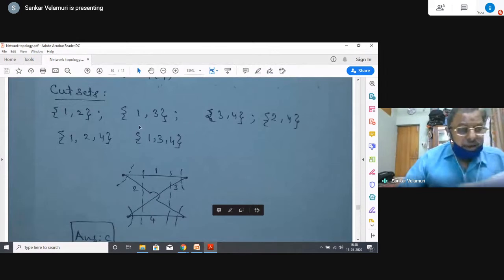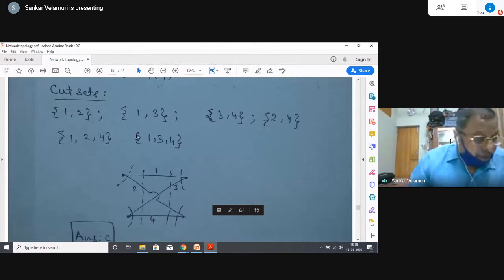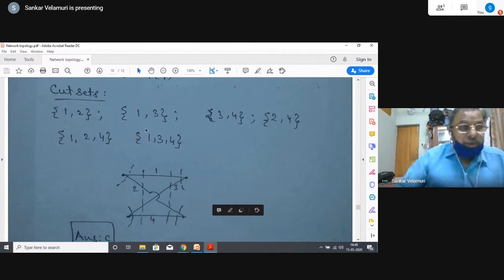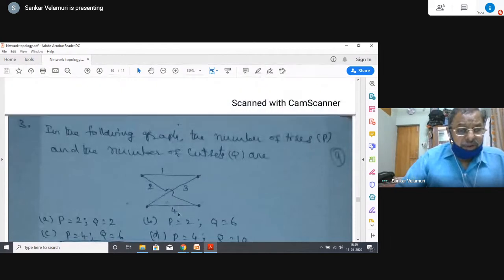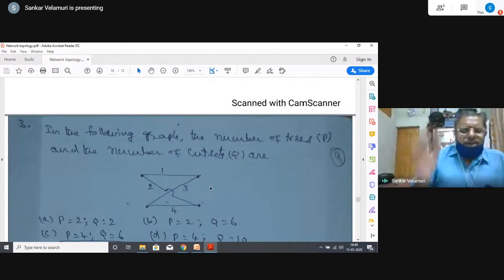Somebody else also asked how 124 and 134 will be cut sets. They are cut sets, but not fundamental cut sets. There is another one. In this question, somebody else has asked if 124 are cut sets. The total number of cut sets can be at most 2 power n minus 2. It is not that there are cut sets of the graph, cut sets of the node, and if you identify one of them.